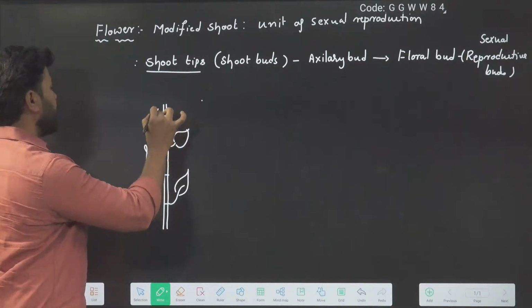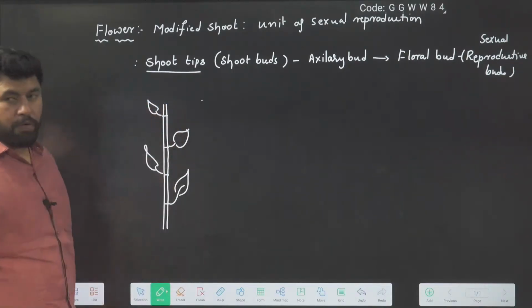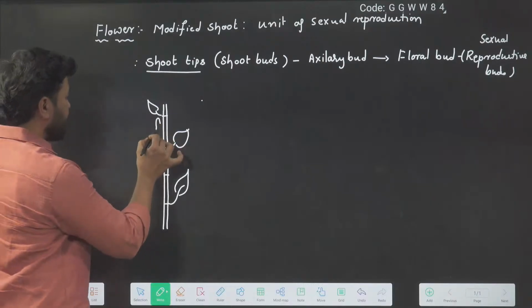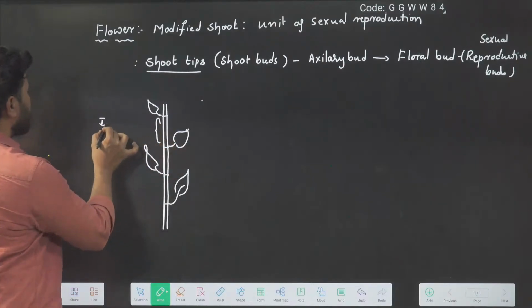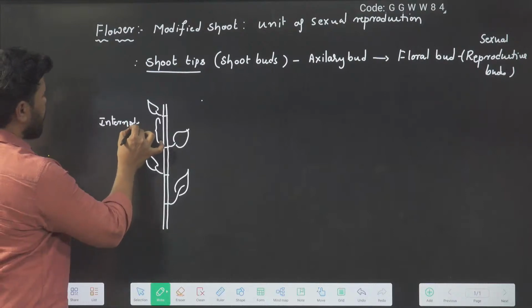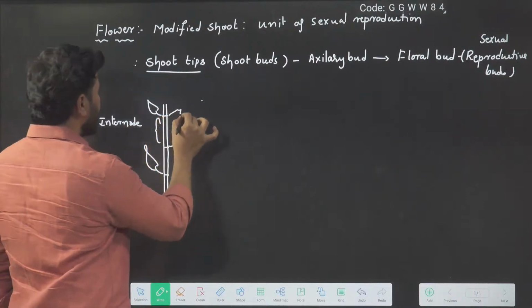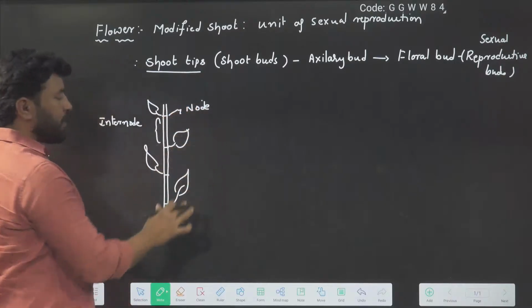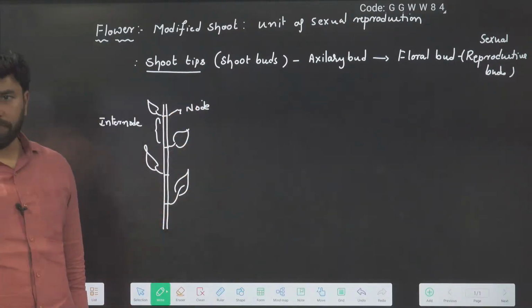Wherever a leaf has developed, that portion we call a node. The gap between two nodes is called an internode. This is the internodal portion. This area is called a node.